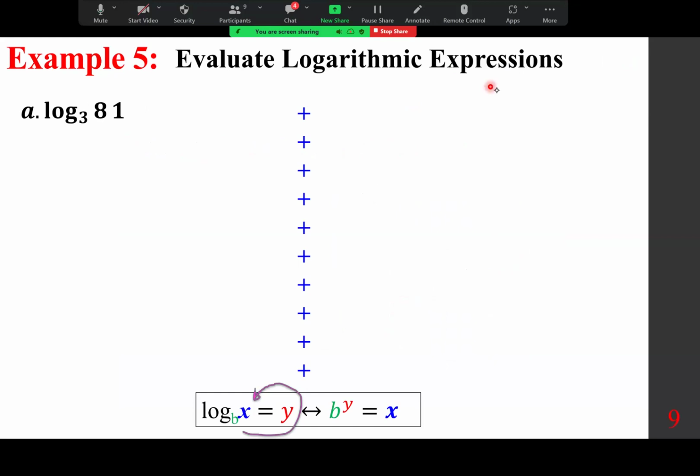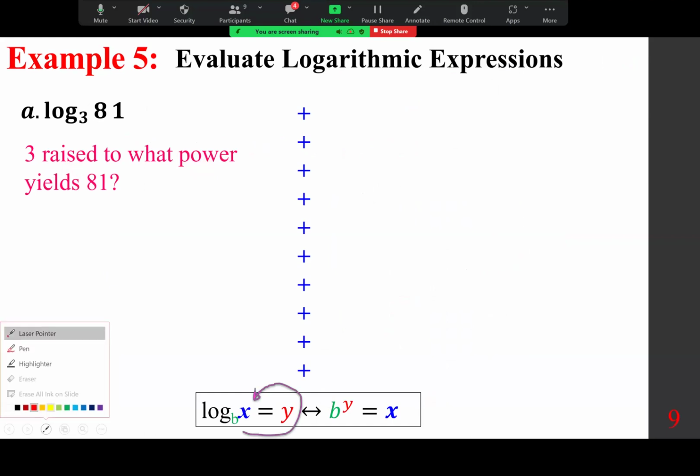Evaluate the logarithmic expressions. Again, this definition makes a huge difference. So the idea is, 3 raised to what power is 81?